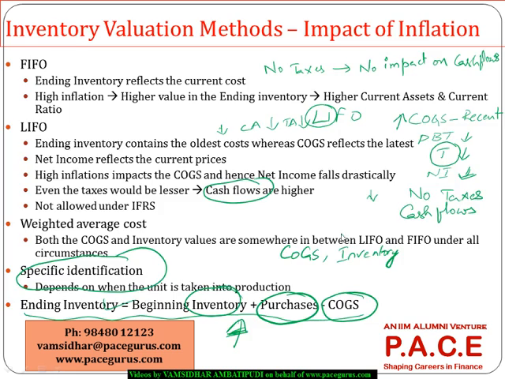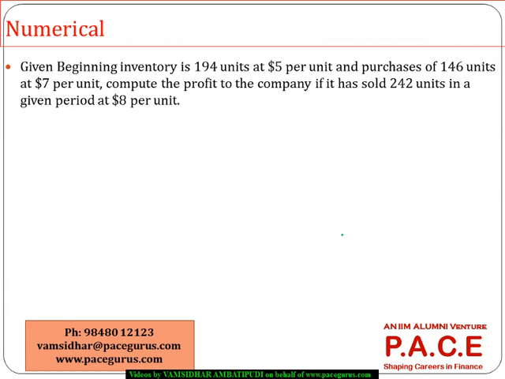Moving further, just a quick numerical to work out. Given the beginning inventory is 194 units at $5 per unit. So what is the beginning inventory with the company? The beginning inventory is $970 worth. 194 units at $5 per unit was the purchase price.